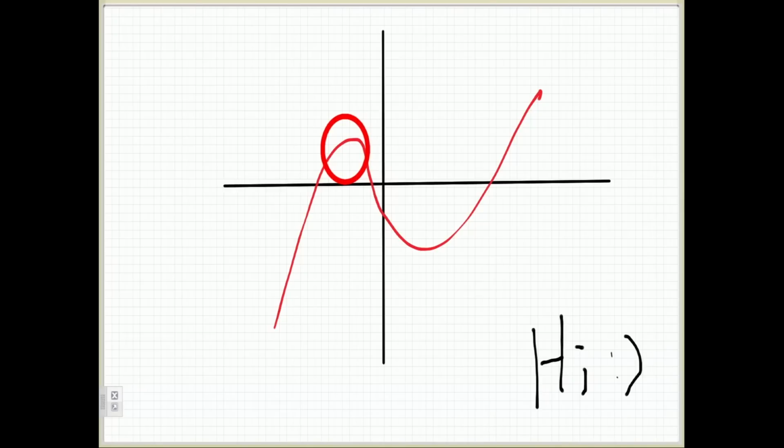Actually, I chose the wrong color. If this is in yellow, then you can really see that contrast. And then over here, you can see that's a relative min, right? And you can say the concavity over here is concave up. And all different sorts of cool things, right? And also, you can blow it up like that.